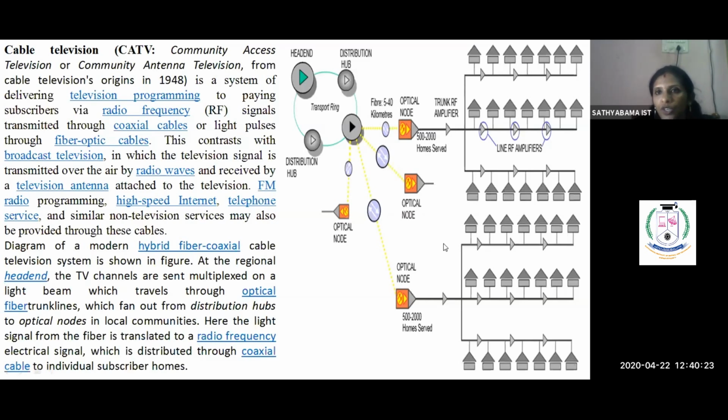These distribution hubs provide the cable TV operation to the subscribers, that is, to various homes. In the diagram you can see the optical nodes serving the homes, and how this operation takes place by means of a trunk RF amplifier. The signals are transmitted through the various hubs.